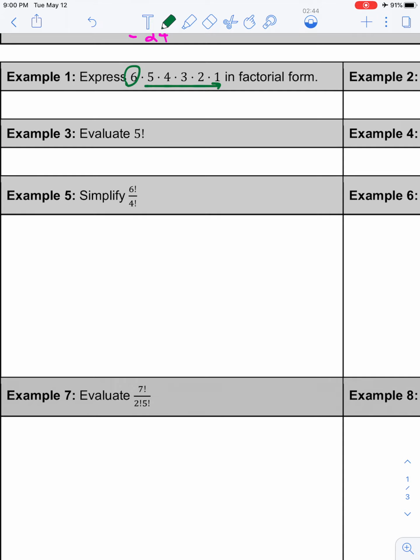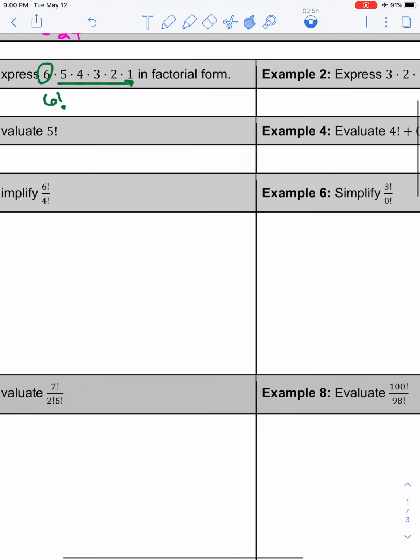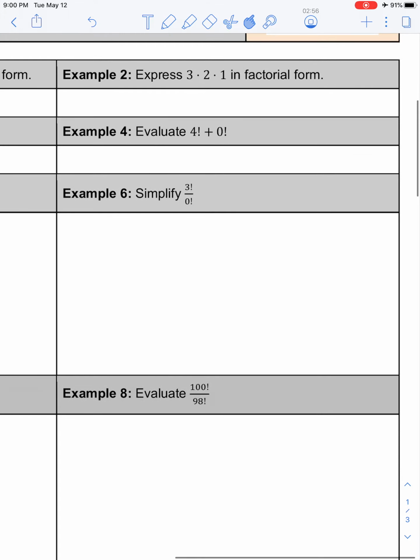So in factorial form, 6 times 5 times 4 times 3 times 2 times 1 is simply 6 factorial. Similarly, in example 2, we're starting at the value of 3 and multiplying factors decreasing by 1 all the way down to 1. So we can call that 3 factorial.